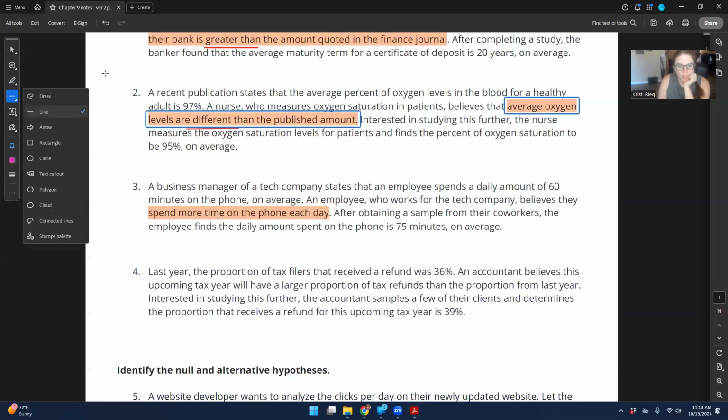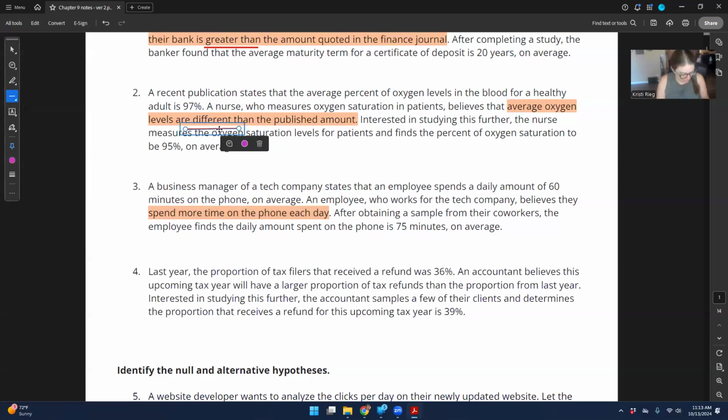The more time is where we get our inequality. That's greater than. So number 1 was greater than, number 2 was not equal, number 3 was greater than. Let's see what this next one is.